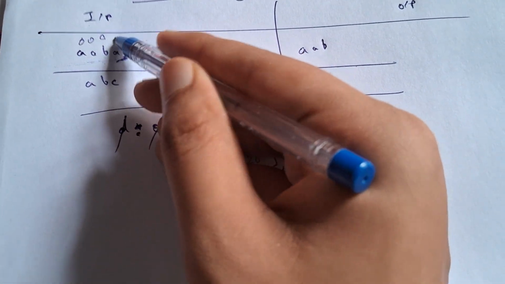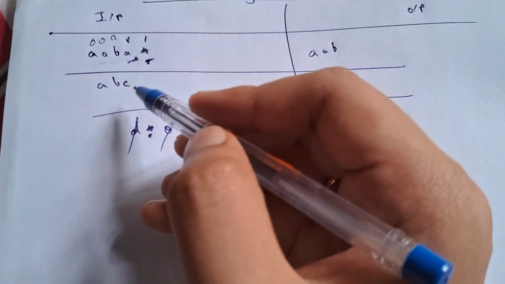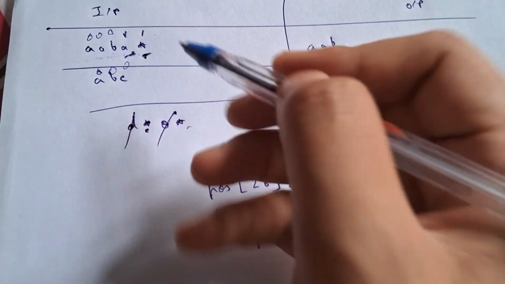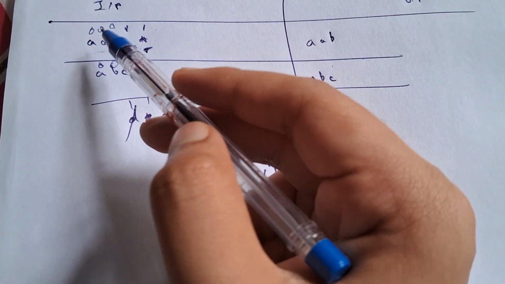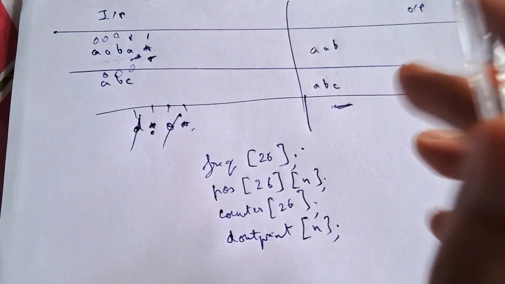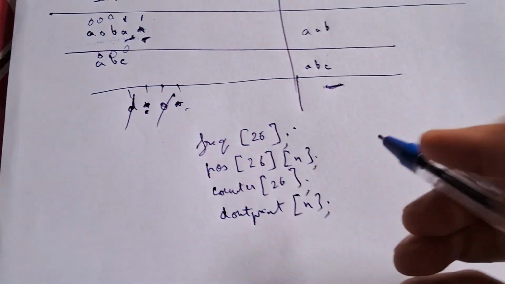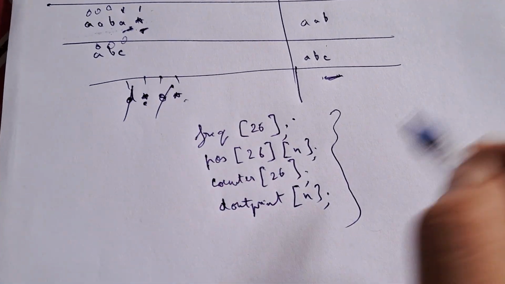Over here it is 0 0 0, over here it is going to be 1 1 1 1, because you print nothing. Whenever it's a 0, you have to print only those things. I hope this is clear, what is the function of all these arrays.